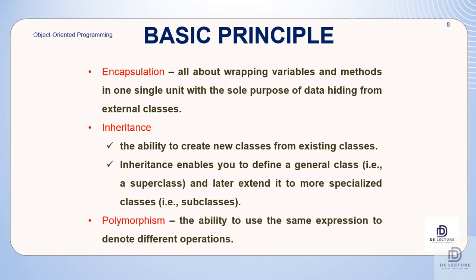These are all the DNA, or characteristics, that we inherit from our parents. Same thing here: you inherit some data fields or methods. All of these are what we call inheritance.